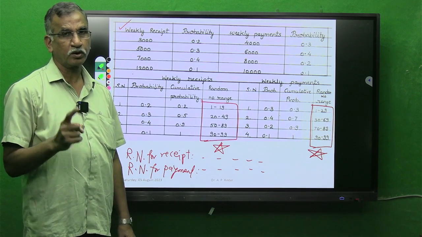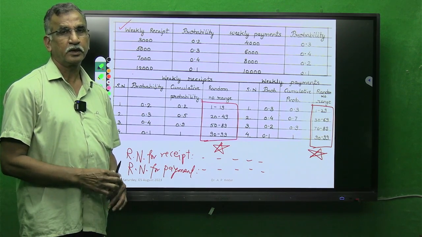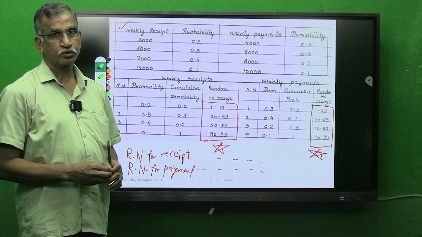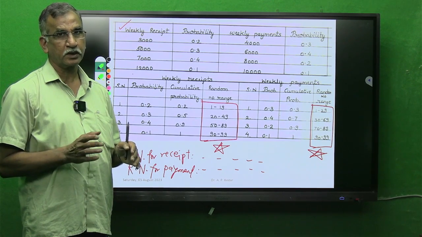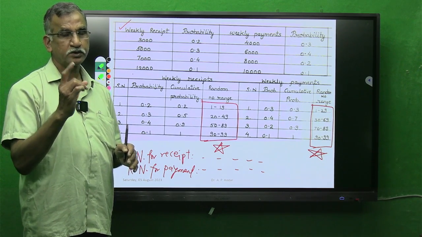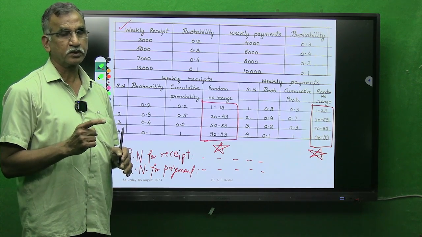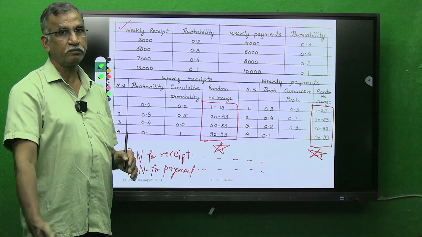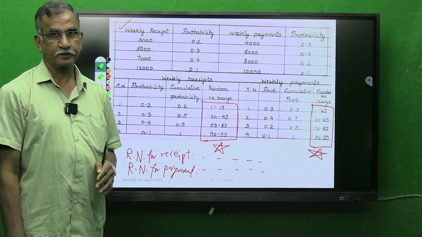If you recall, it is given in the problem that initial opening balance is rupees 8,000. So when I am starting my transaction, initial balance is 8,000, and it depends on receipt and payment. At the end of every week my balance will be varying.